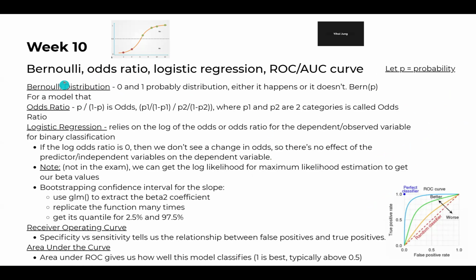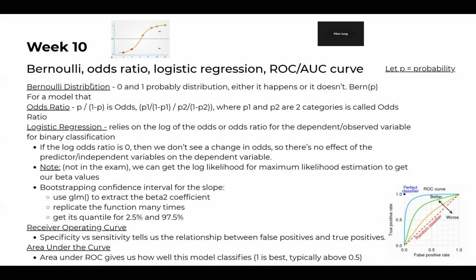Optimizing. But for week 10, we get into logistic regression, and the concept behind this is we have a Bernoulli distribution. Either it happens or it doesn't. And we want to categorize our data to this distribution, basically. So is it happening or is it not happening?